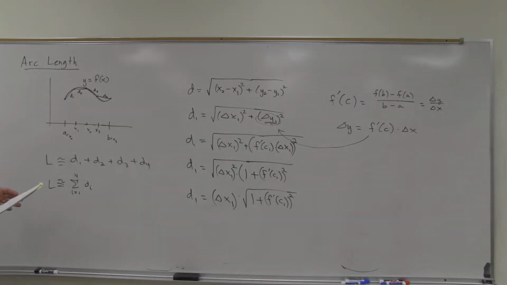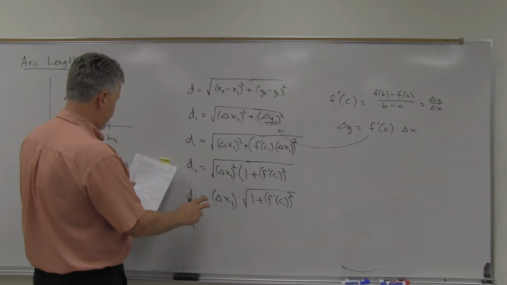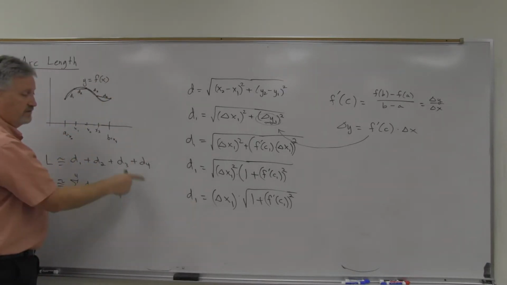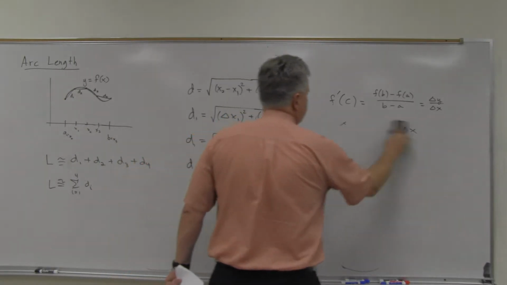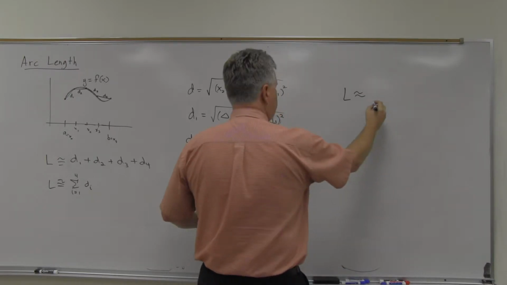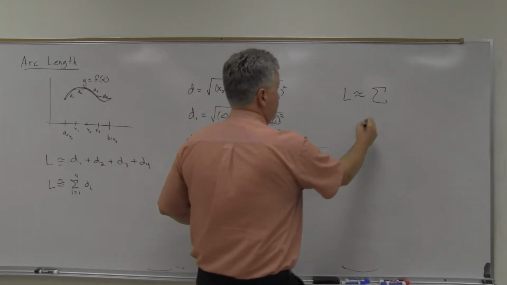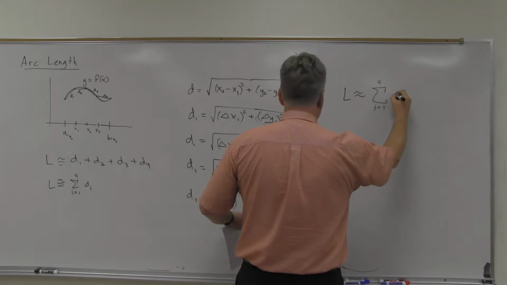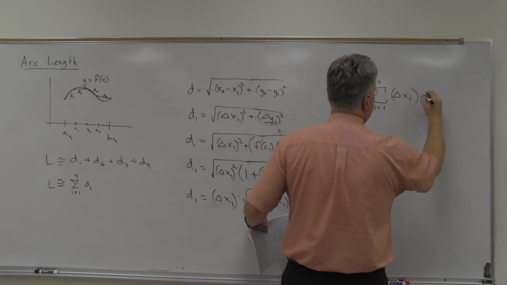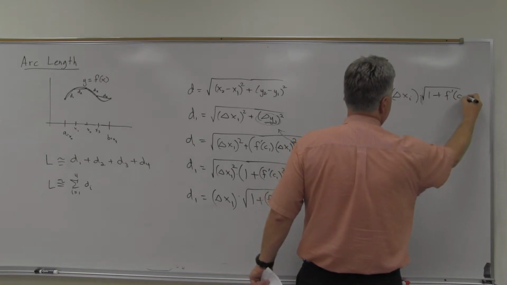I did this a little differently on the handout, but basically we can do this for all of d1, d2, d3, d4, so I can come up with L being approximately equal to the sum, i equals 1 to 4, of delta x sub i times the square root of 1 plus f prime c sub i squared.